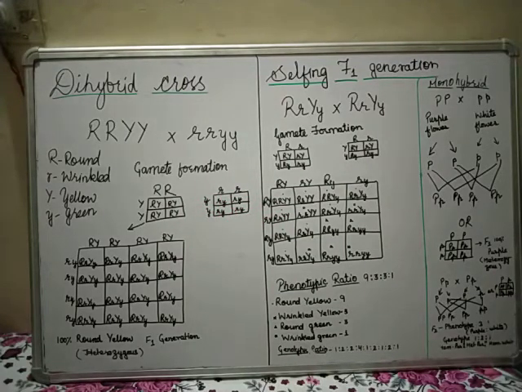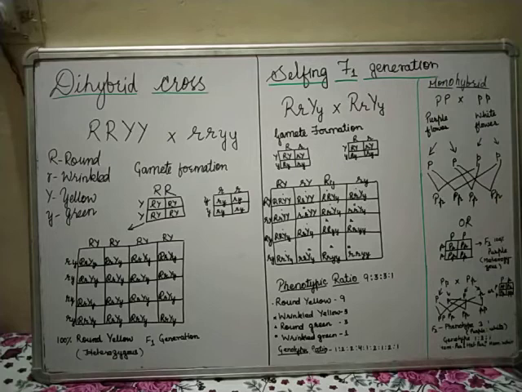Now the law of independent assortment: you can see this gamete can combine with this also, this also, this also, or this also. Here the law of dominance is also proved.